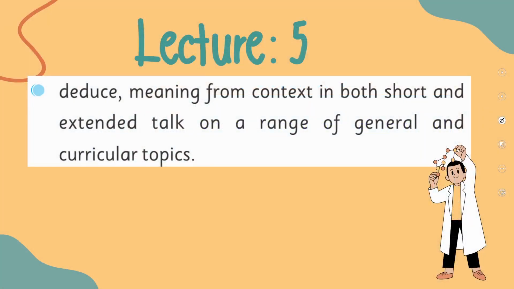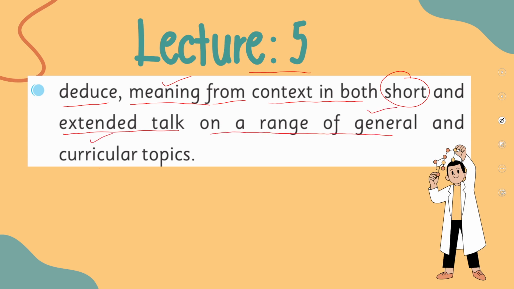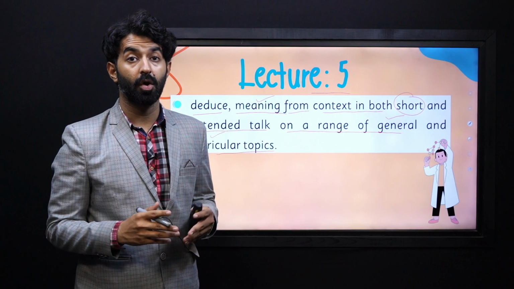And for lecture number 5, our SLO will be to deduce meaning from context in both short and extended talk on a range of general and curricular topics. So this will be going in our oral communication.